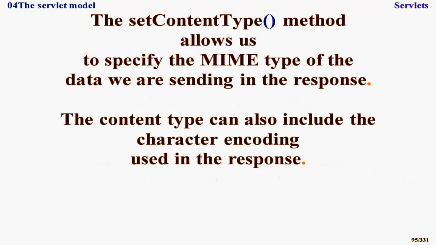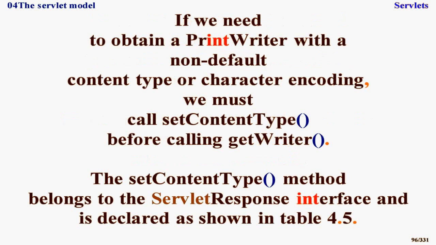The setContentType method allows us to specify the MIME type of the data we are sending in the response. The content type can also include the character encoding used in the response. If we need to obtain a PrintWriter with a non-default content type or character encoding, we must call setContentType before calling getWriter.